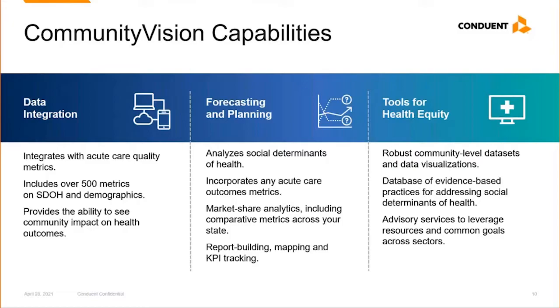Along with this, our CommunityVision also encompasses those advisory services to help you understand how do we begin to get our hands around what is outside of our community. So Jane, I know you've got just a tremendous expertise and background in public health. So why don't you walk us through a little tour of CommunityVision?